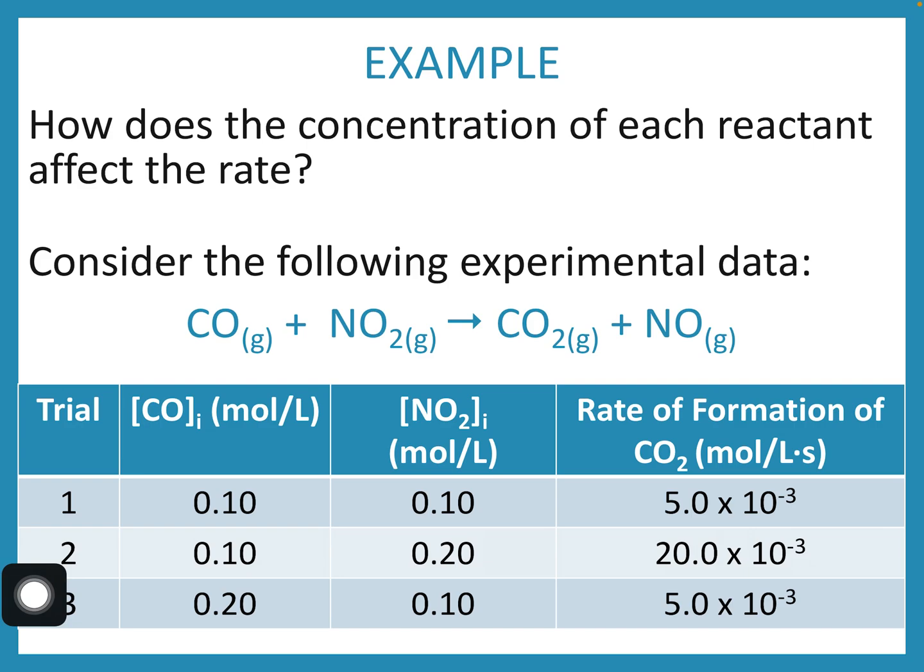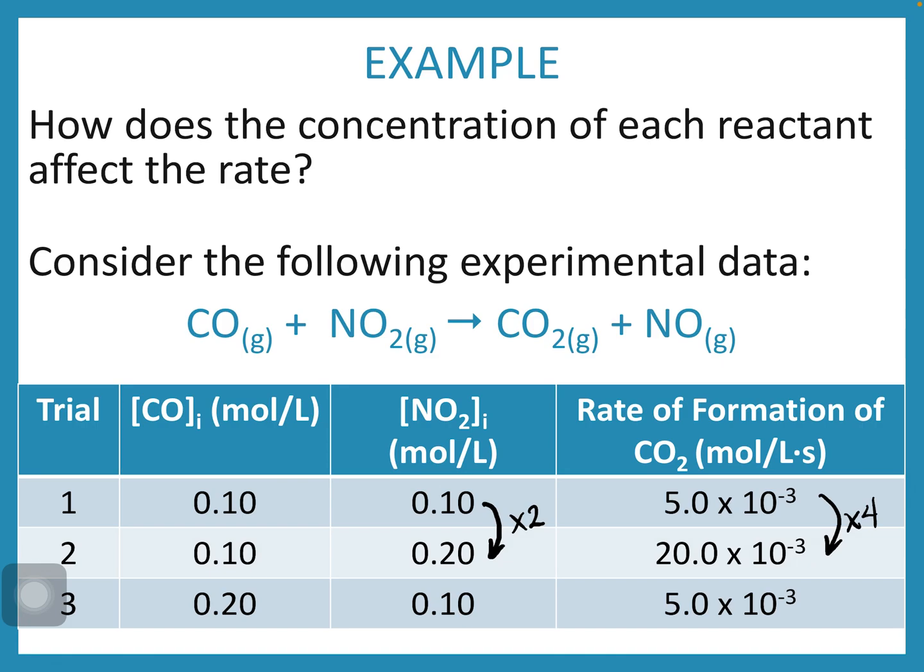So what we can do with the experimental data is determine specifically the impact that a certain change in concentration will have on the rate. Trials 1 and 2 compare the effect of the nitrogen dioxide concentration. Here we have a doubling happening, and from 5 times 10 to the negative 3 to 20 times 10 to the negative 3, what we have is a quadrupling happening.